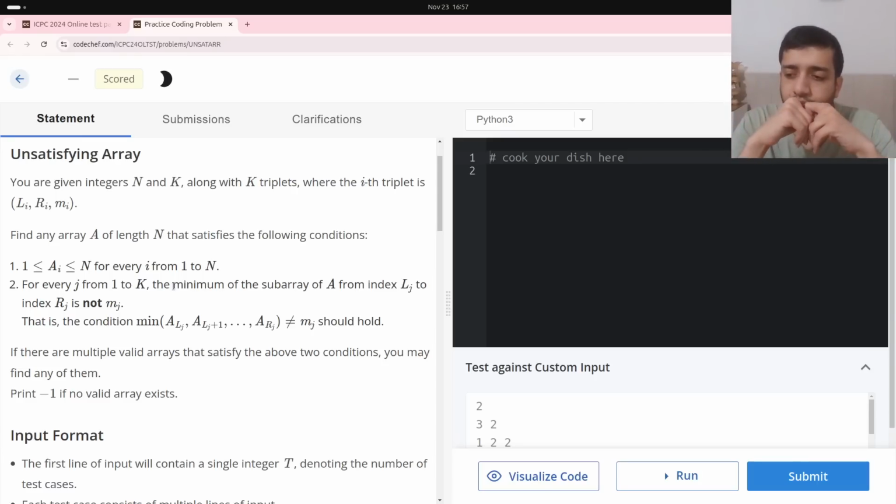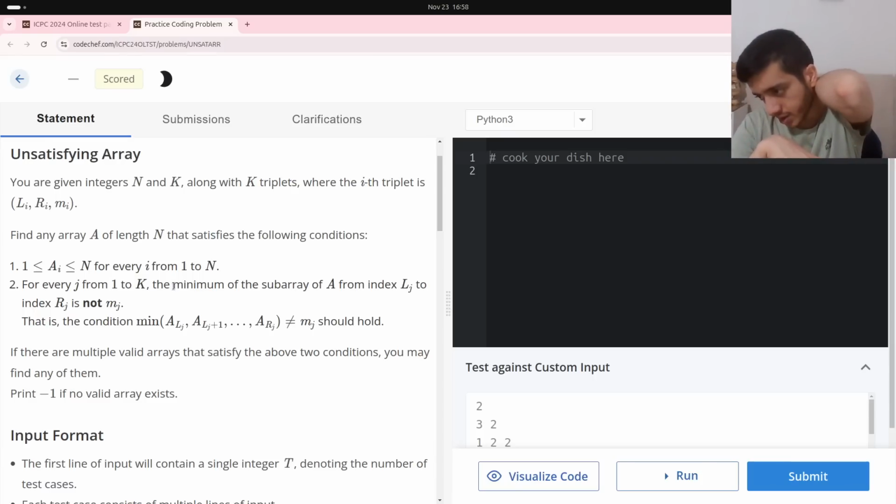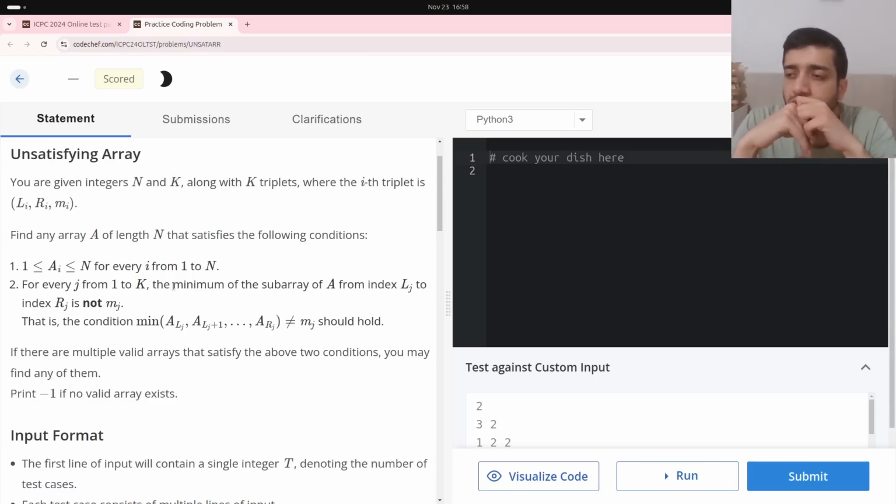In each column there is a token, and when it says minimum of this range is not this, it's either there is at least something below this, or there is nothing in this row. So there is something below it, or everything is above it.